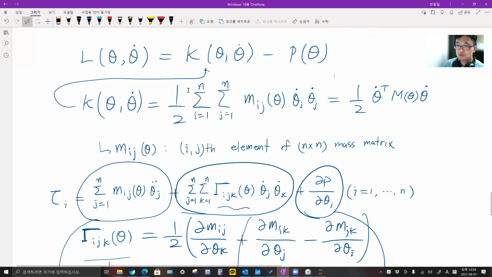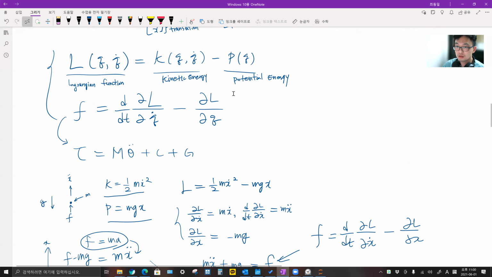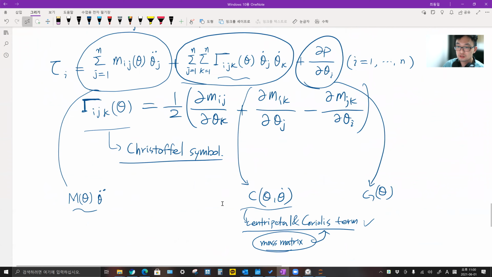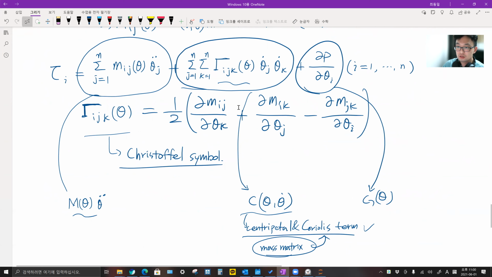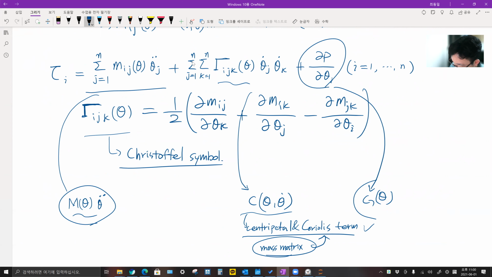If you take the partial derivative and time derivative and minus like this, then we can calculate the inverse dynamics equation. So this one is the result for the N-link open chain robot. This one is the mass matrix. It becomes like this term, and this one becomes the G term, and this one becomes the C term.